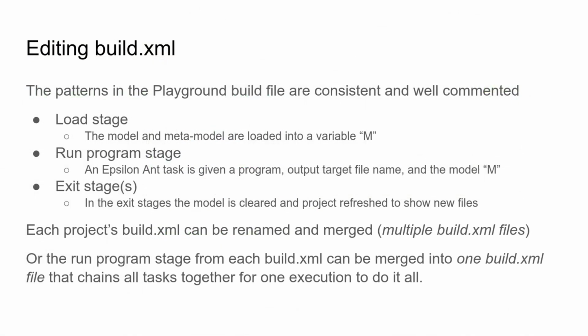The pattern of the build XML file provided by the playground is well commented, such that you can see the load stage that will load a model, the run stage which will execute your various Epsilon programs, and finally the exit stages where the model is cleared and the environment is refreshed such that you will see new files.